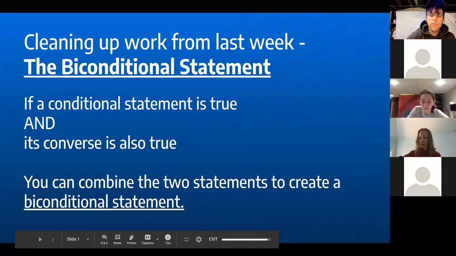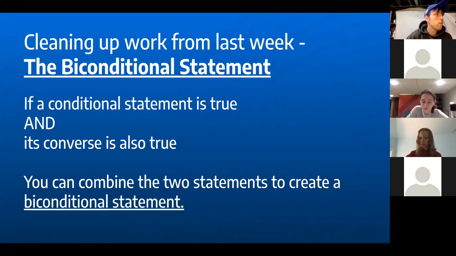All right, so first thing, just cleaning up one of the concepts we didn't really get to last week, which is called the biconditional statement. Last week we talked all about conditional statements and the related conditional statements and finding truth values and all that. The biconditional statement is sort of like another related conditional statement.